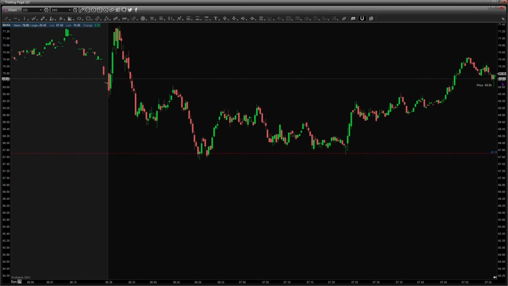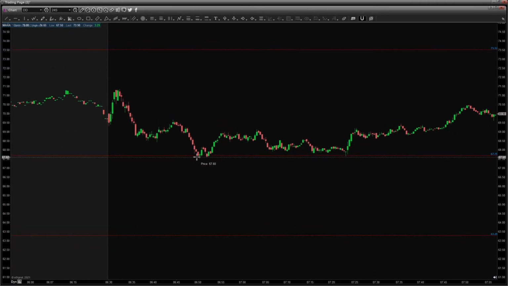And what you're going to do is, you're going to say this is your entry. Your target is up here. A good place to start for a stop out would be a 2-to-1 profit to loss. So you have to be willing to lose 2-to-1. Let's say about here.